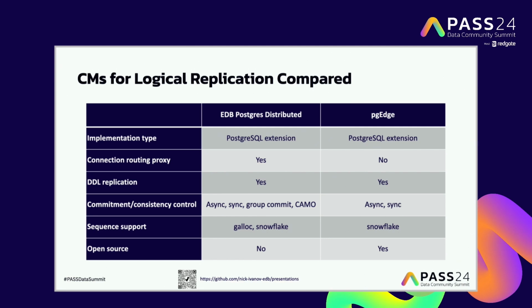In addition to just having a cluster manager, the Postgres distributed from EDB also contains a connection routing proxy, which allows you to direct traffic to either node. Since it's an active-active situation, there is no primary and standby.